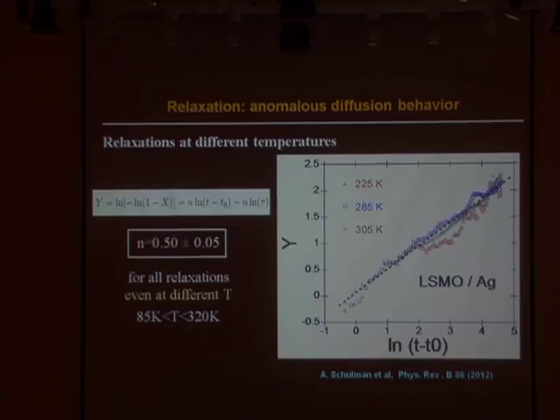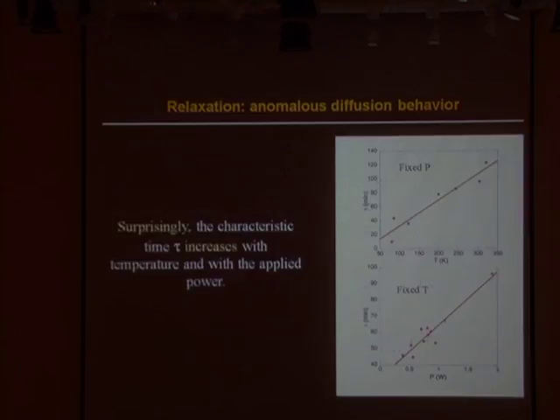Just to check if this is not only proper to the YBCO junction, we have performed the same experiment in a manganate device, and we obtain nearly the same effect, this linear dependence of y with the logarithm of time. And I'm saying that this is anomalous diffusion because if this is a thermally activated process, you would expect the characteristic time to decrease with temperature, because everything comes quicker, since it's easier.